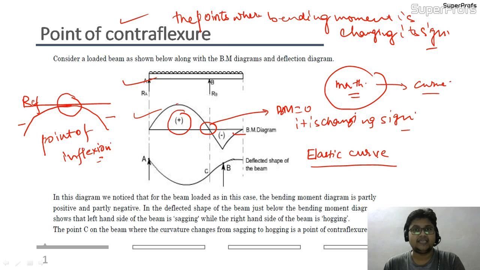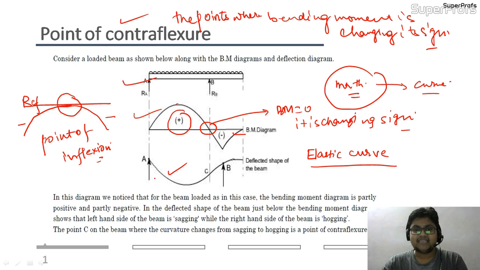After you have applied the load, the beam will deflect in a certain pattern, and that pattern is given by the elastic curve. This is the elastic curve of this beam, and this line represents how the beam has deflected after the application of the load.